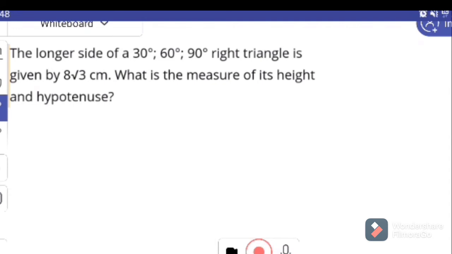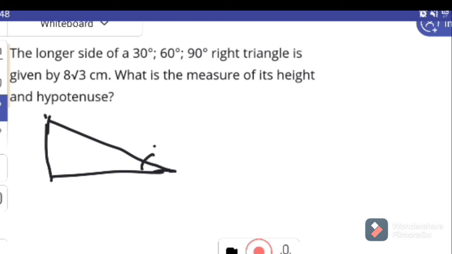For our problem, let's have the longer side of a 30, 60, 90 degrees right triangle is given by 8 square root of 3. What is the measure of its height and the hypotenuse? So first, we are going to sketch the triangle given. Okay, so let's assume that this is a perfect right triangle.